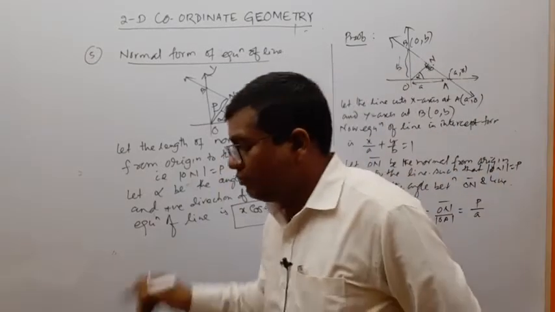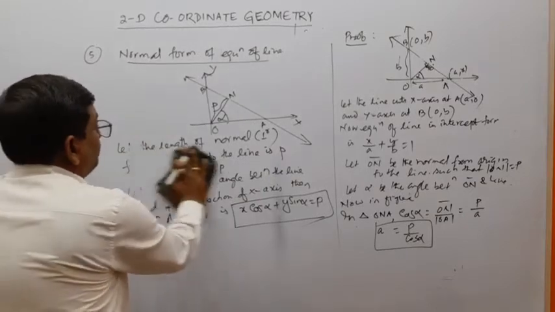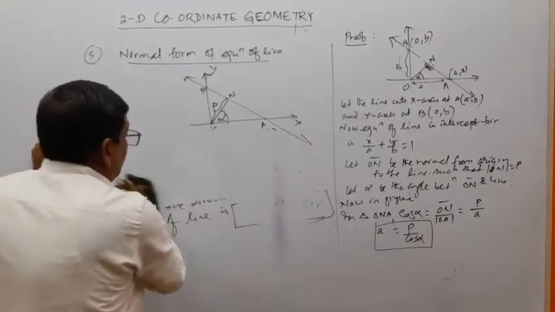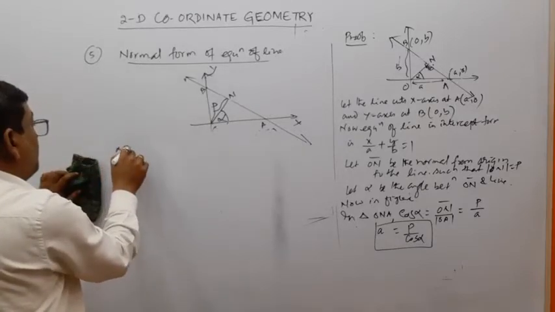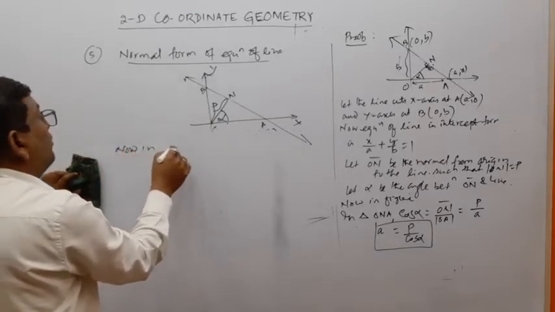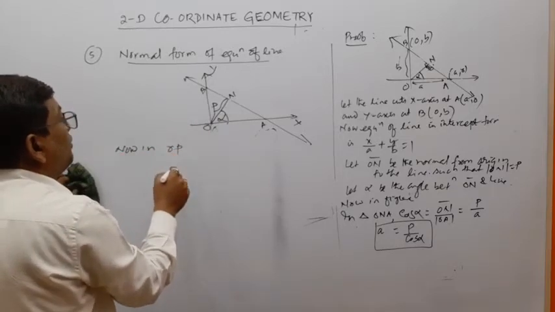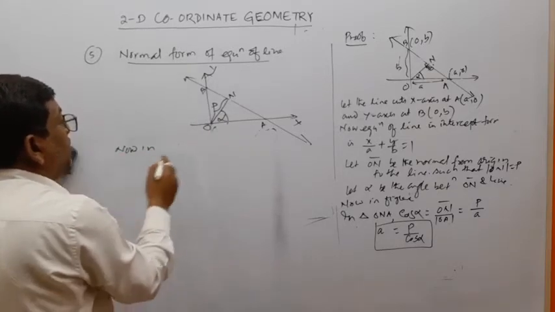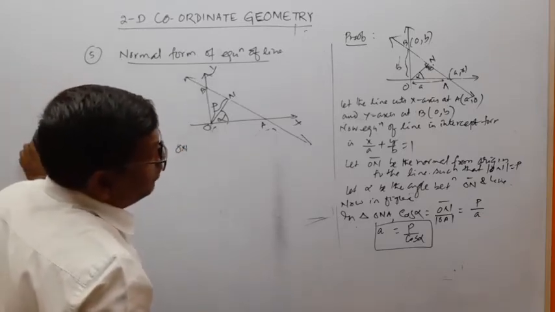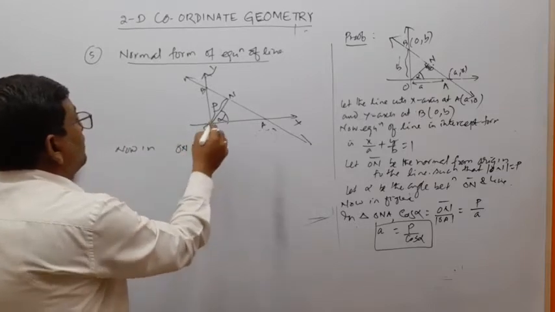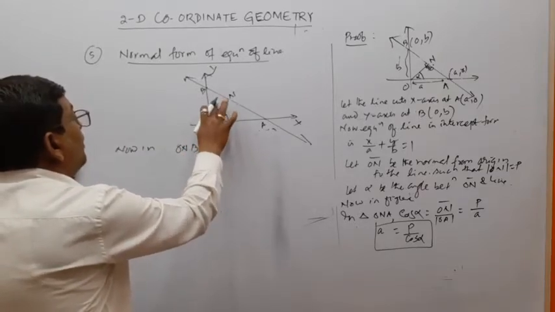Now from another triangle, in triangle ONB, this angle is 90 minus alpha.